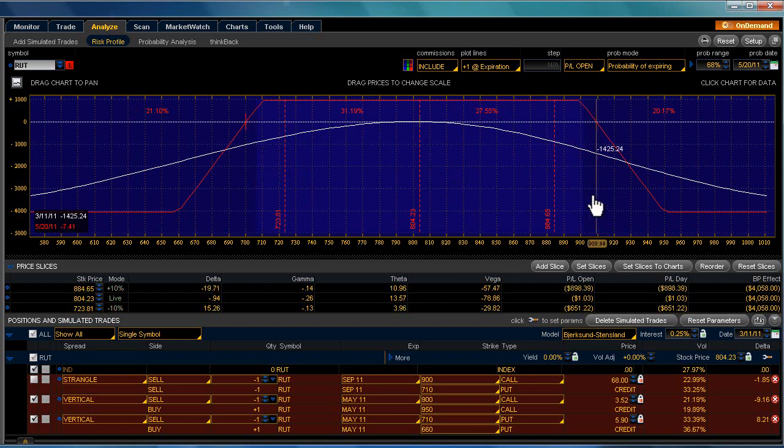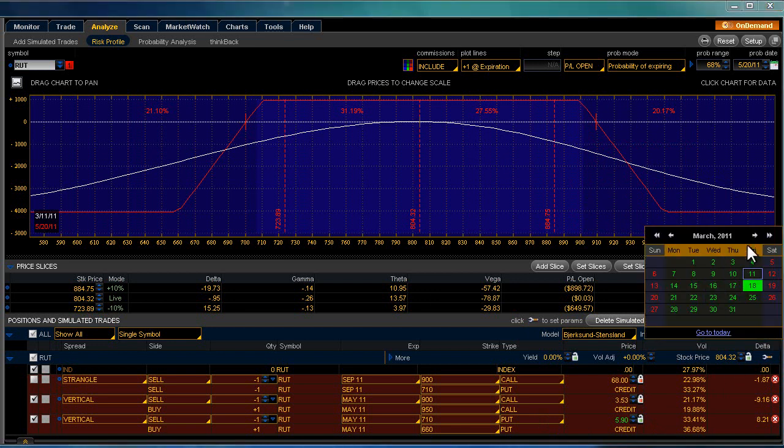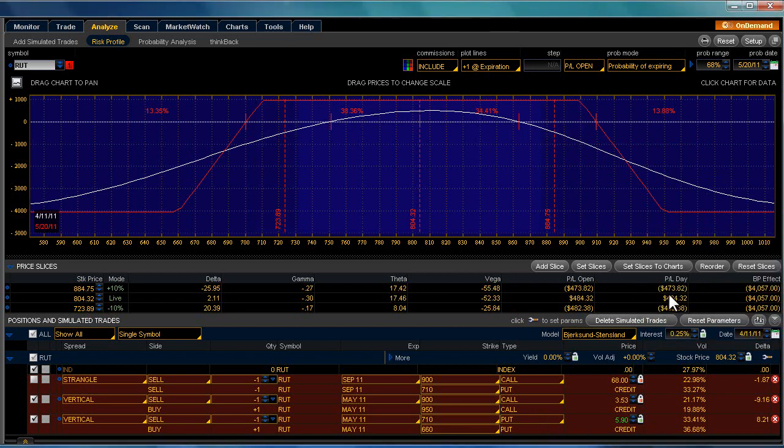Even with a 10% move, you're still in there, looking good. Your theta is now 13, which is $2 more than it was for June. And a month from now, it'll be 484, which is a little bit better than the June.